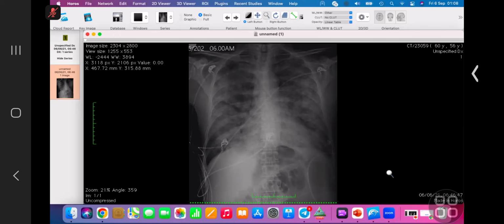So bilateral fluffy opacities in a ground glass mid distribution. I would think about PCP, but I'm checking if there is, other than the cavitary lesion at the left mid lung, any lung cysts. I can't appreciate any.